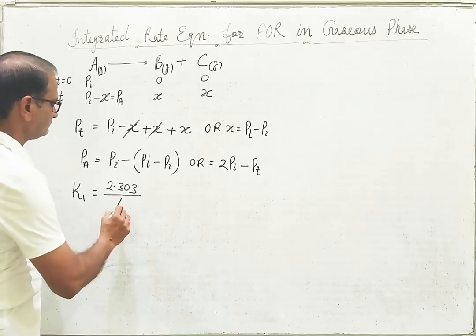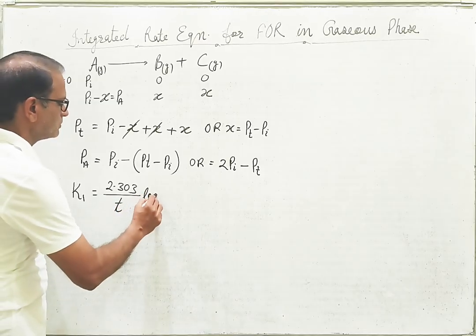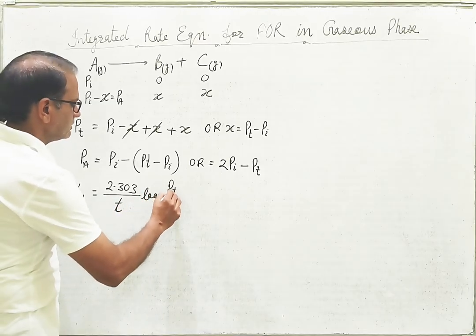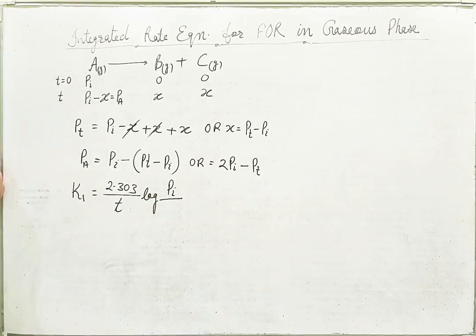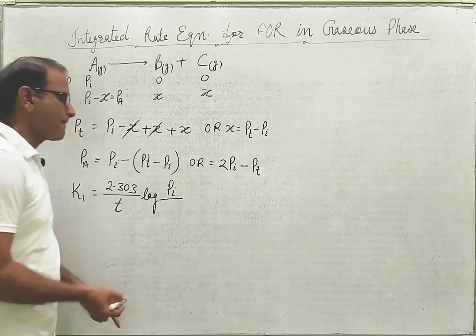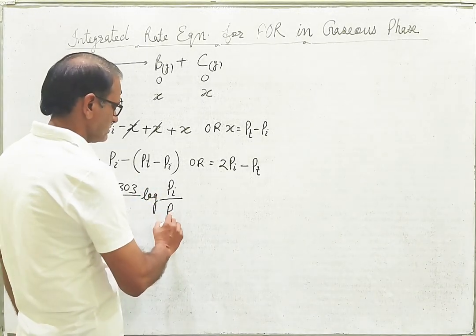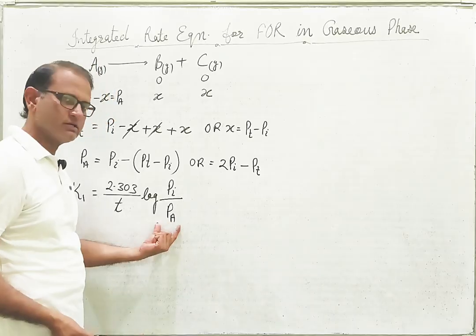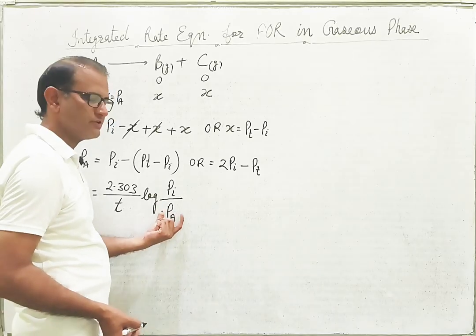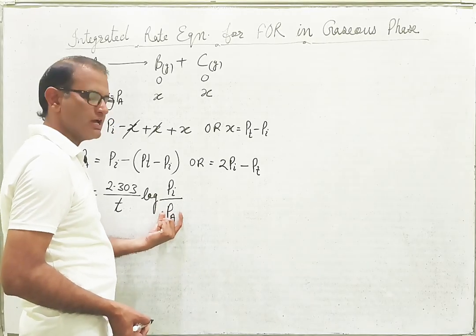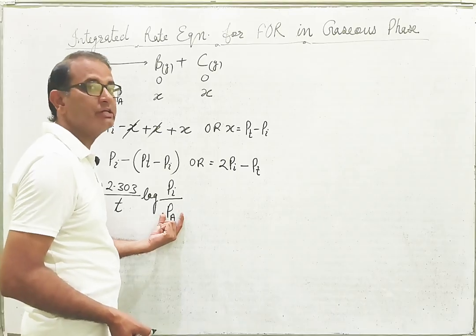2.303 upon t log Pi, where Pi means initial concentration of A upon PA, the pressure of gas A or concentration of gas A at time t.